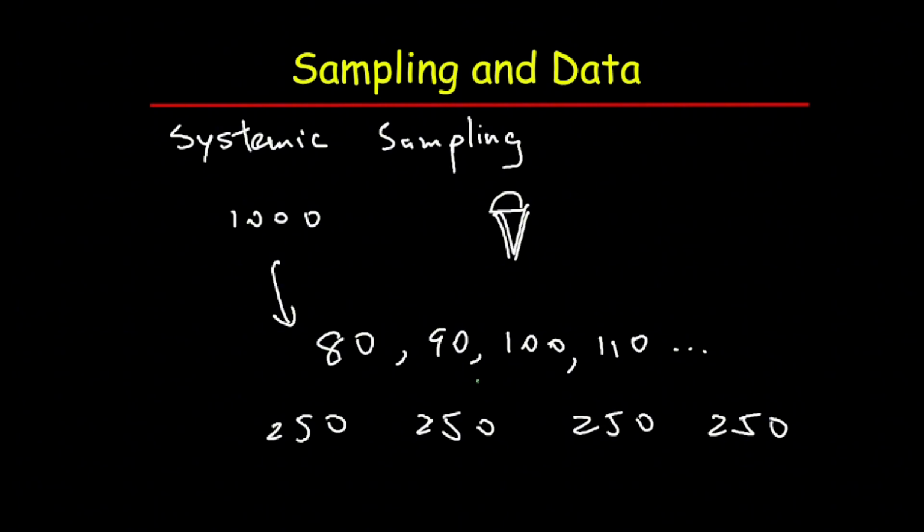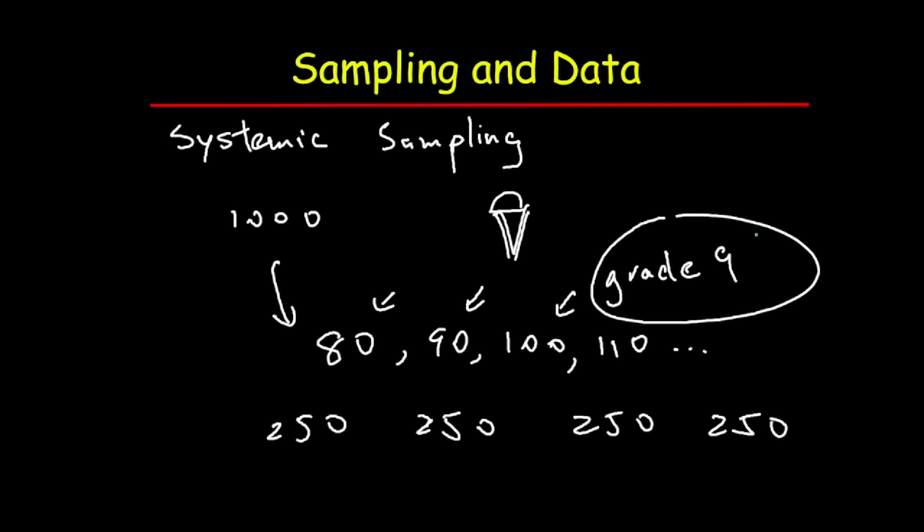However, if every 10th student, as we did here, were all in grade 9, then that wouldn't make much sense because essentially you're going to have a heavy bias towards the ice cream flavors of grade 9.